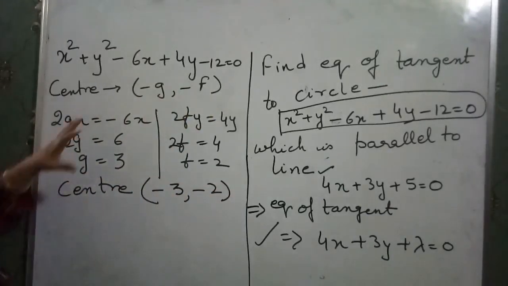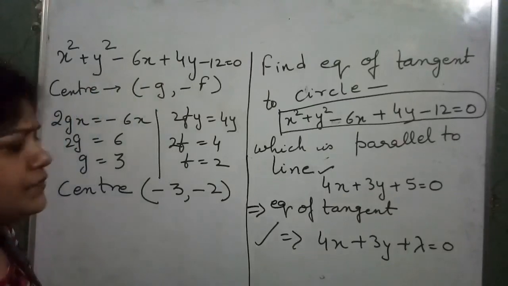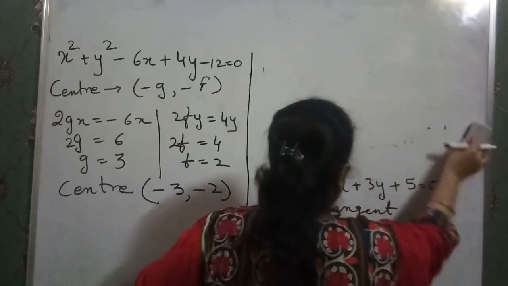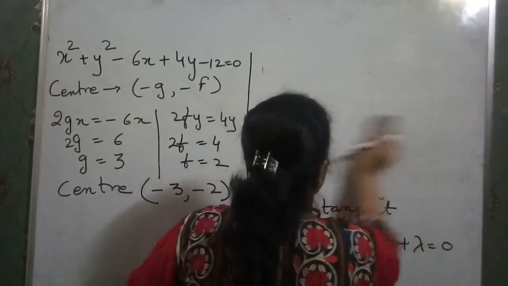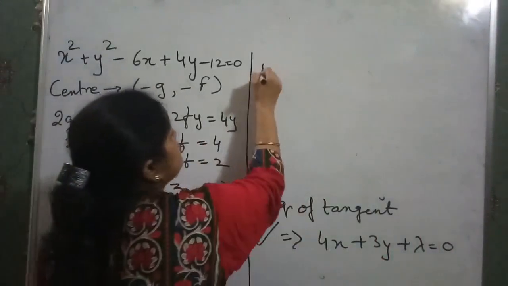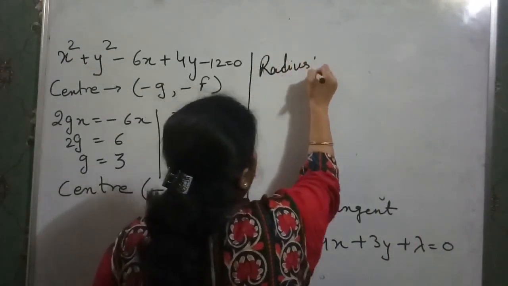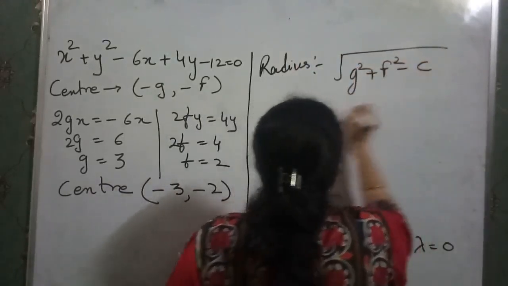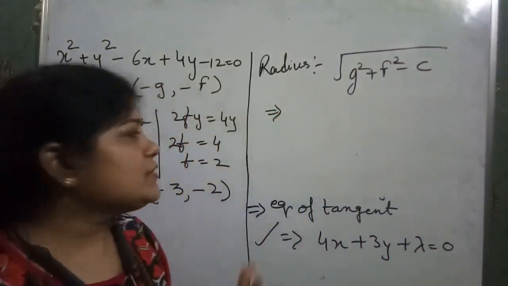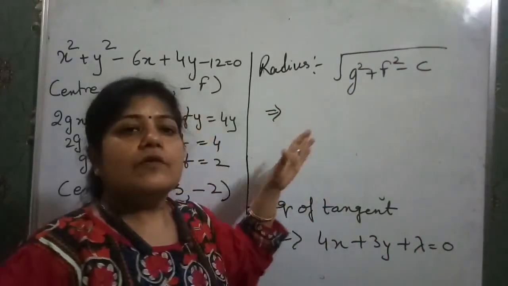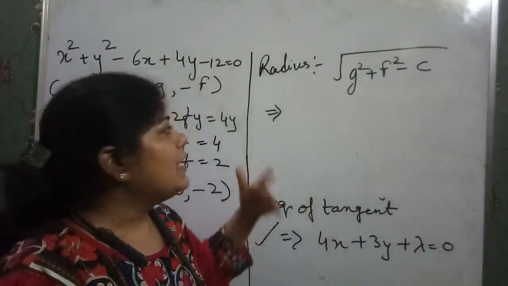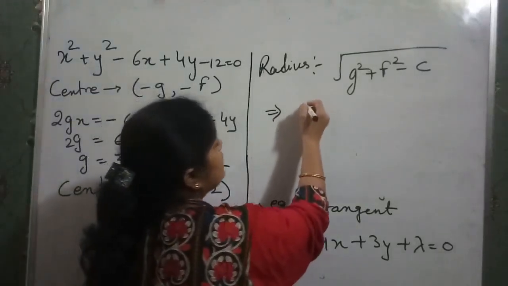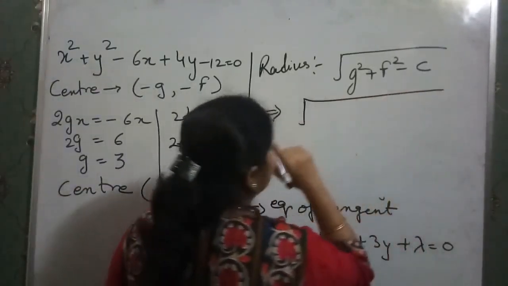Clear? Now we have to find the value of the radius. Just note it down. The radius of the circle, the formula for that is √(g² + f² - c). If you don't know the basics of circles, you can watch the videos on circles that I also uploaded on the playlist of the channel, and from there you can understand different concepts of circle.